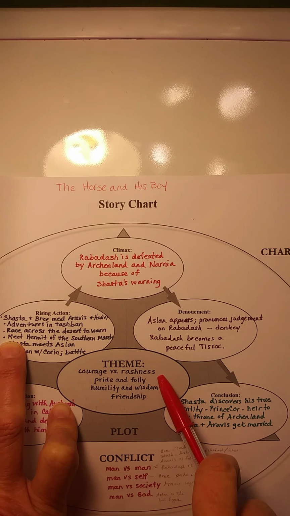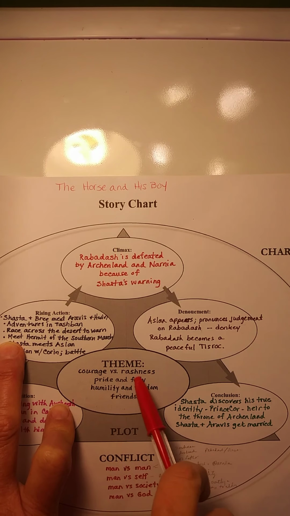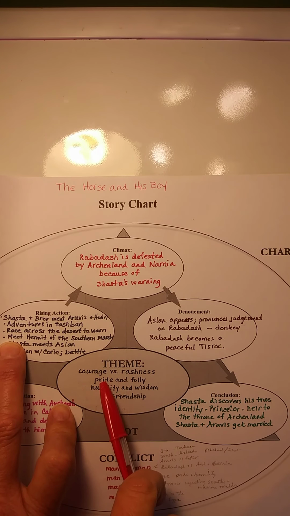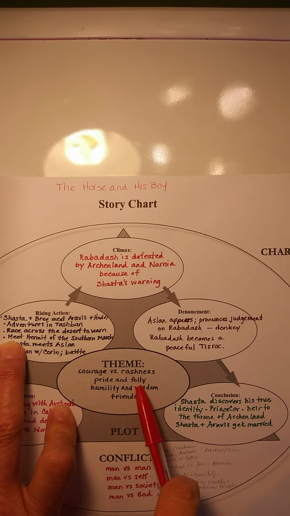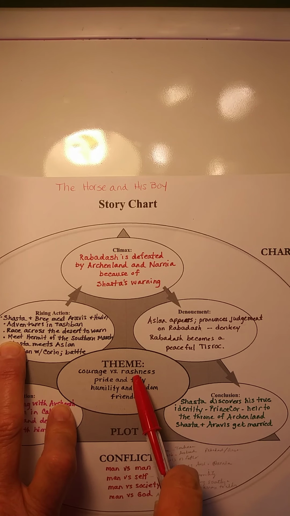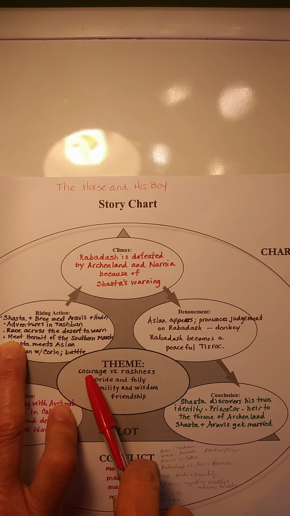Okay, and that's an example of rashness. So you can see the difference, courage versus rashness. And this also, if you switch it, is pride and folly. He was proud and entered into folly, but Shasta was humble and wise in the way he acted.